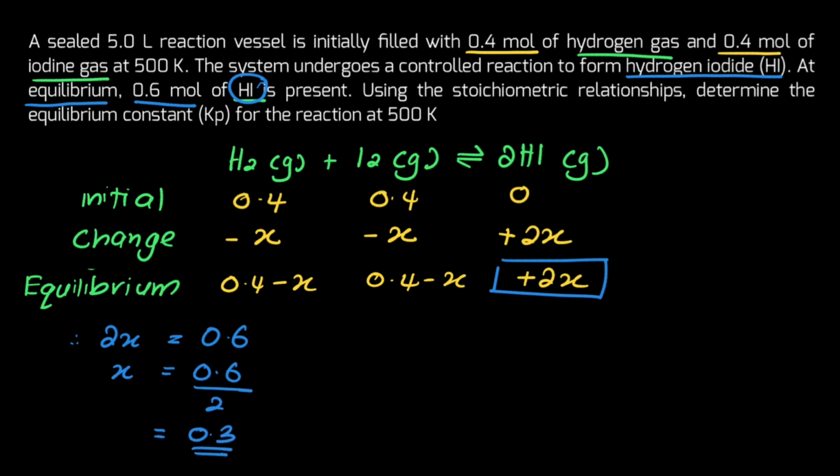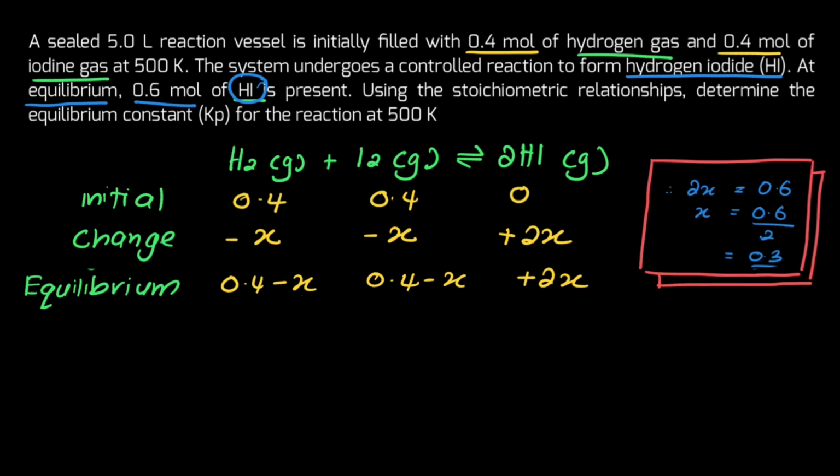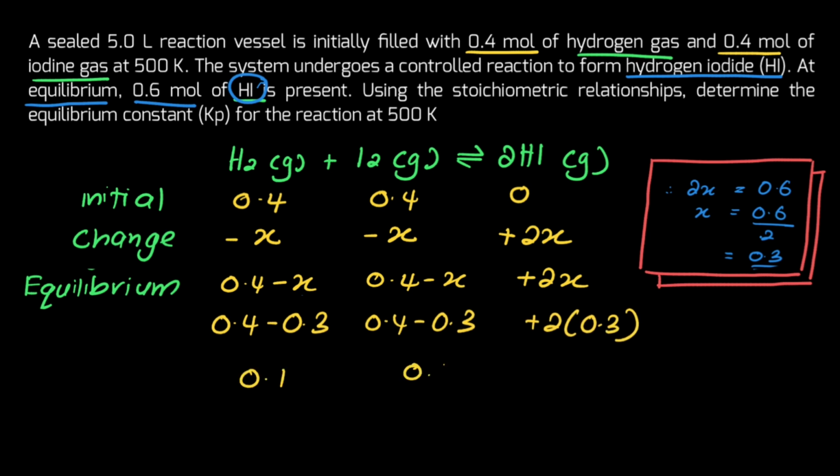What we are going to do is replace all these x's with 0.3, to find the actual value at equilibrium. Hence, you will get 0.1, 0.1, and 0.6.